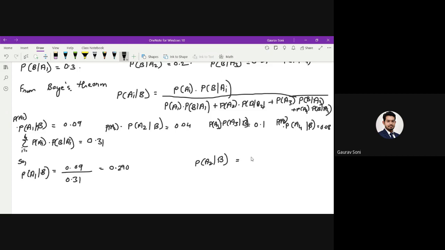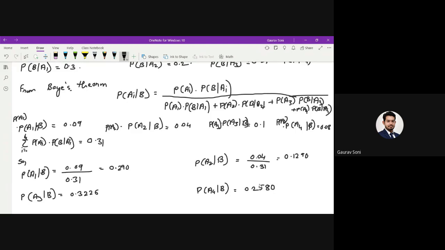The other one, 0.04 divided by 0.31, is 0.129. A3 when B has occurred is 0.3226. Probability of A4 when B has occurred is 0.2580.